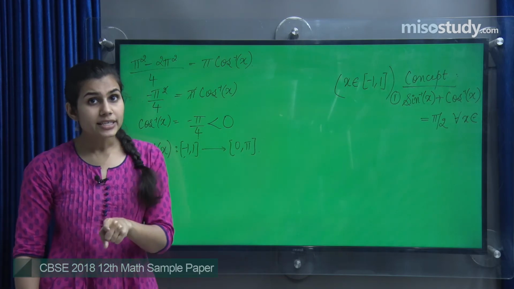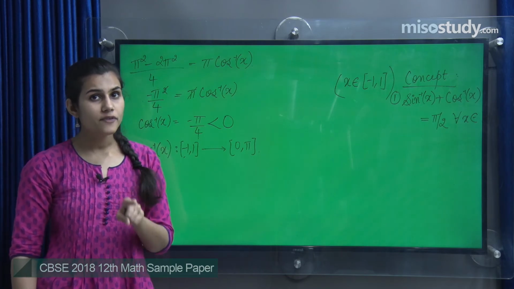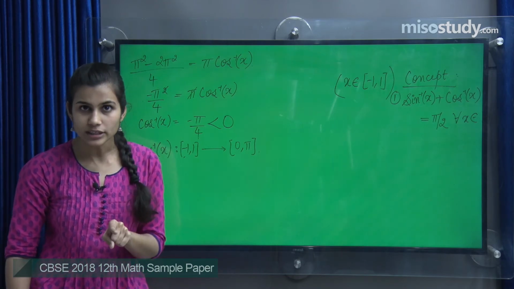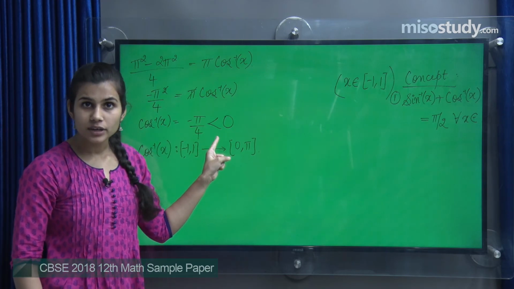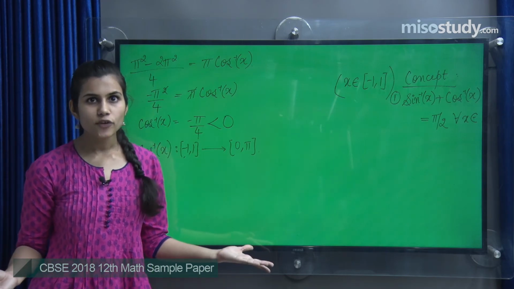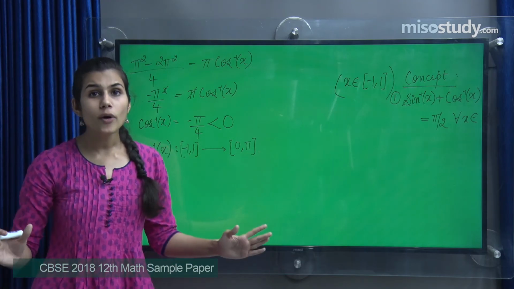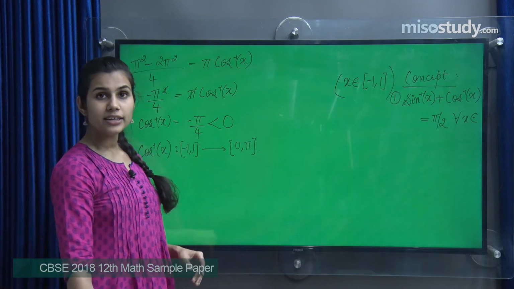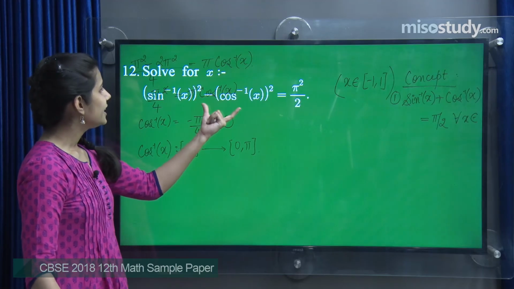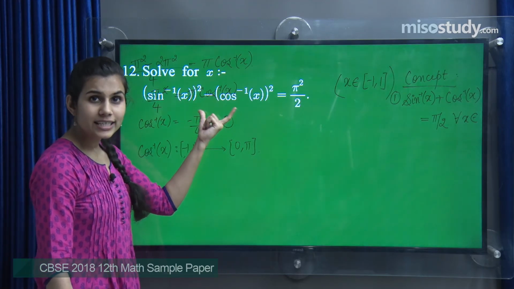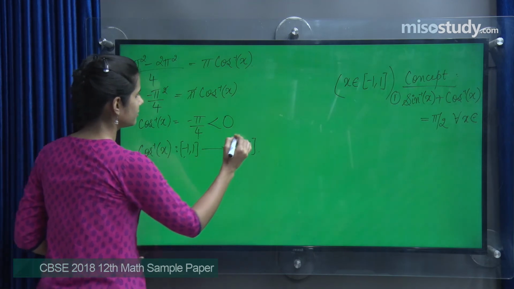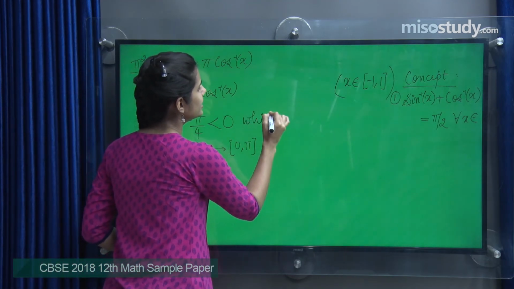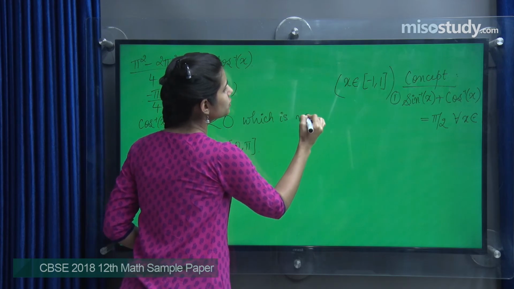That means if there is an x which is satisfying our very equation which was given in the question, then for that particular x, cos inverse x will have to be negative. But cos inverse x is never negative for any x. That means there is no x which is satisfying our equation. There does not exist any x, because this is not possible.